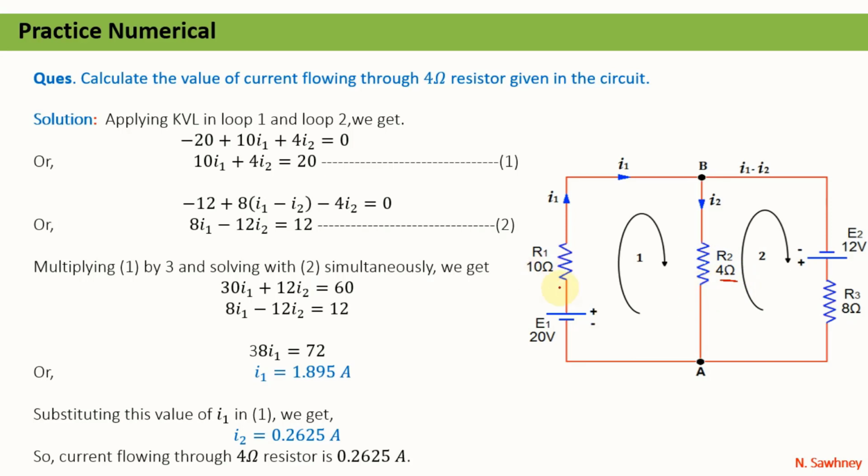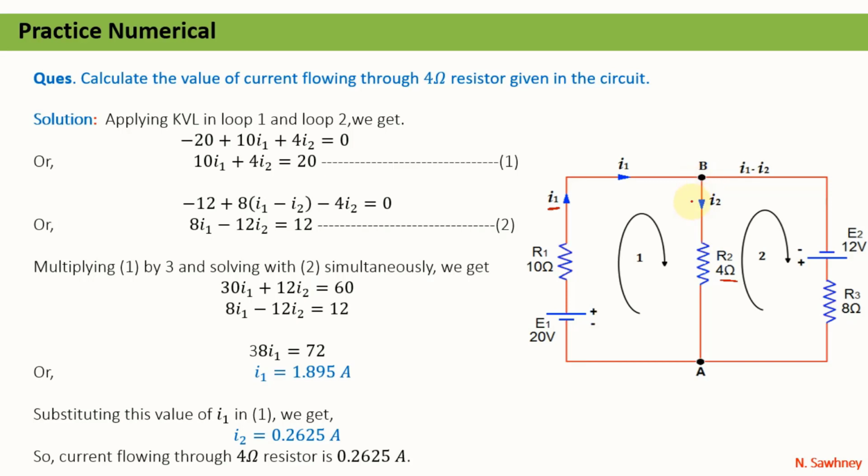Now let us suppose that the current flowing through R1 is I1 and the direction is as shown. This current you have to mark yourself. Now the current I1 will be flowing like this, but here when it reaches the node B, there are 2 branches. So the current will divide.